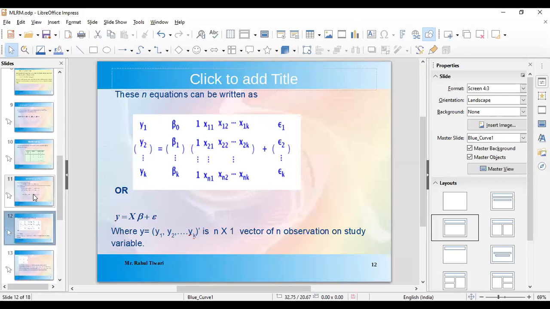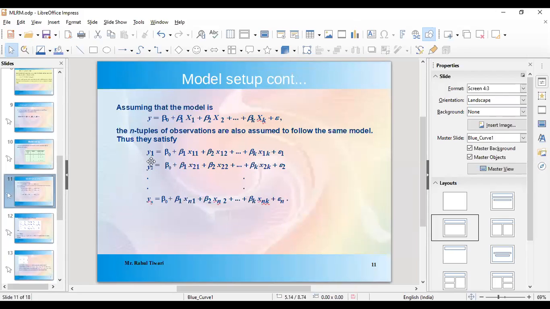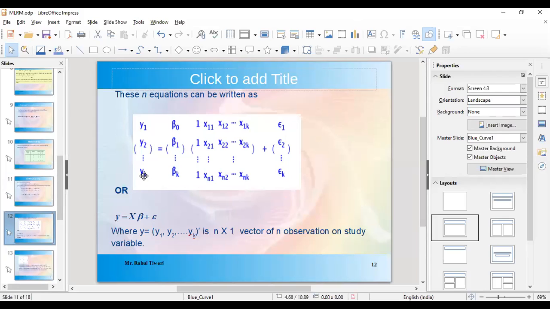Sir, please repeat the question. How is it, because y1, y2, yn, it is actually yn. Just make a correction: this is not k, this is y1, y2, yn.